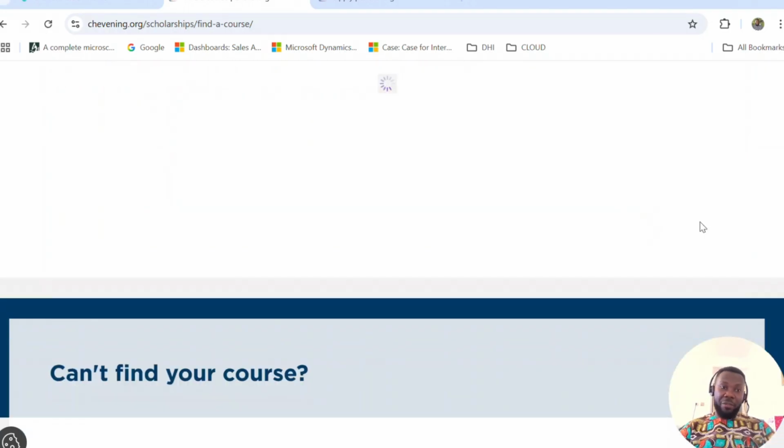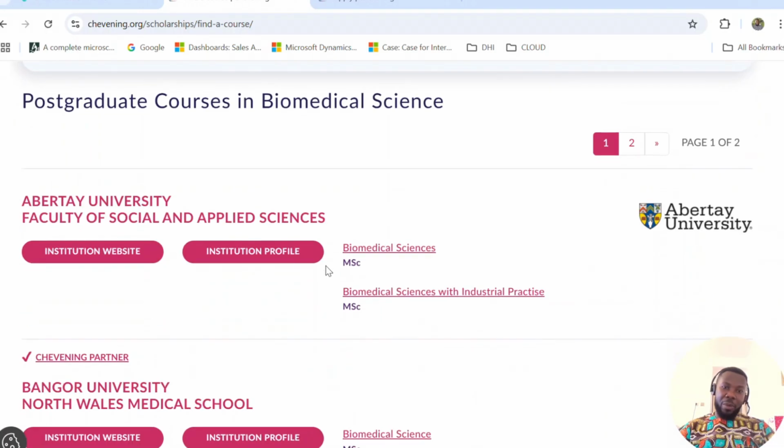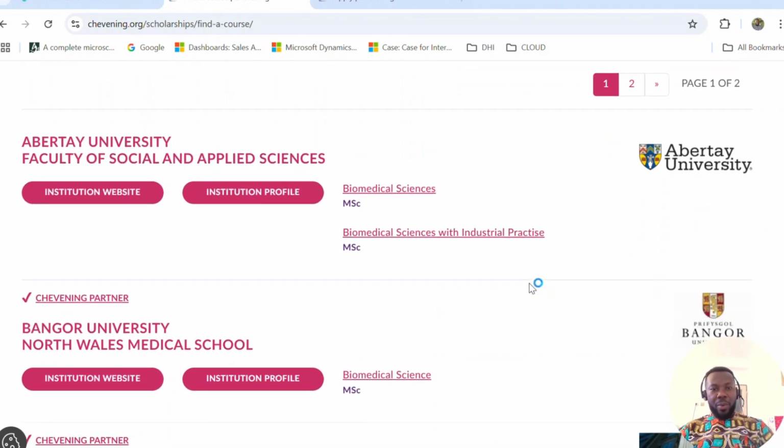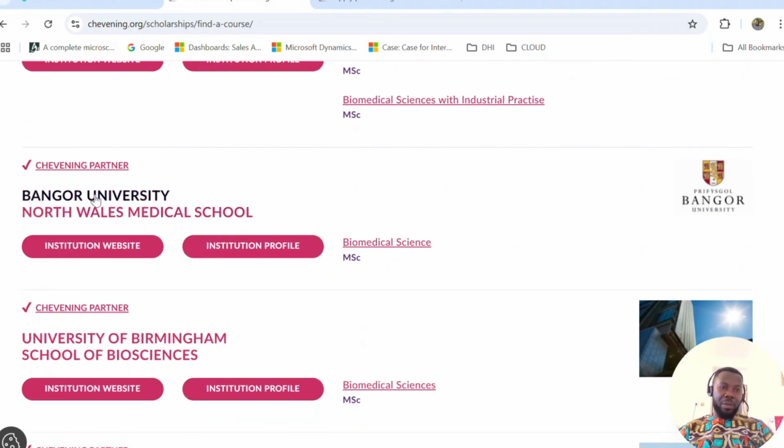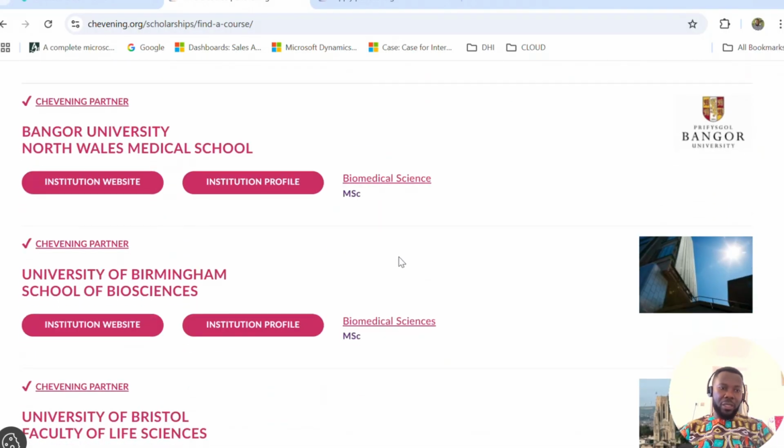They have MSc Biomedical Science, offered by Abertay University, Faculty of Social and Applied Sciences. They also have Medical Sciences with Industrial Practice, MSc, and at Bangor University, Medical Science, and University of Birmingham.